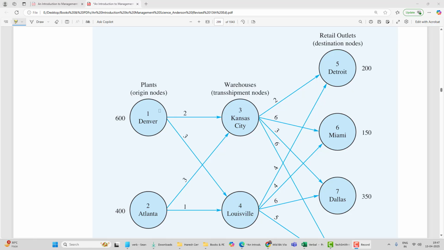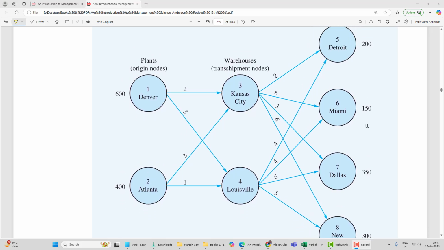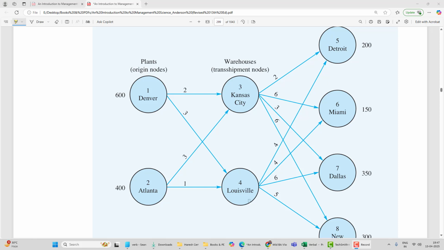First, the material will come from the original plants to these warehouses, and then from here it will be sent to the retailers or the retail outlets.